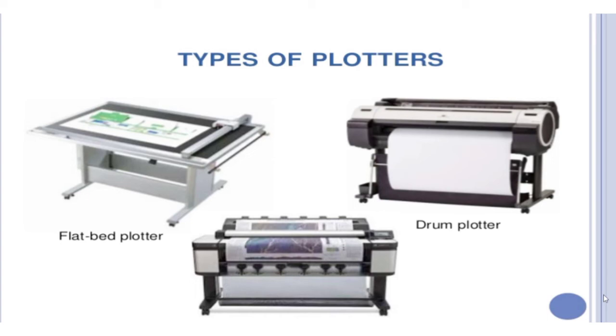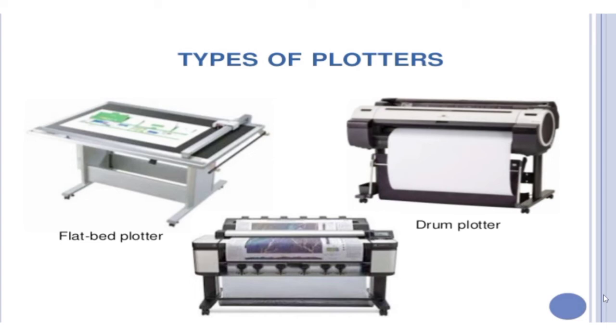The flat bed plotter can be kept over the table. The plotter consists of a pen and holder. The pen can draw characters of various sizes. There can be one or more pens and a pen holding mechanism.